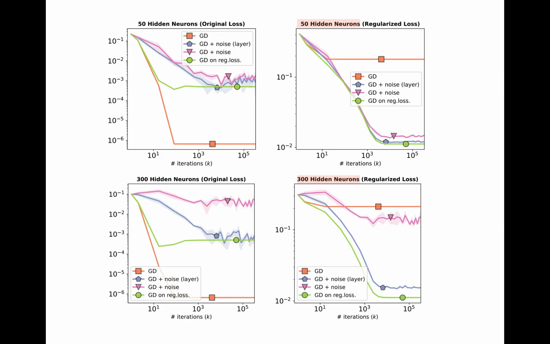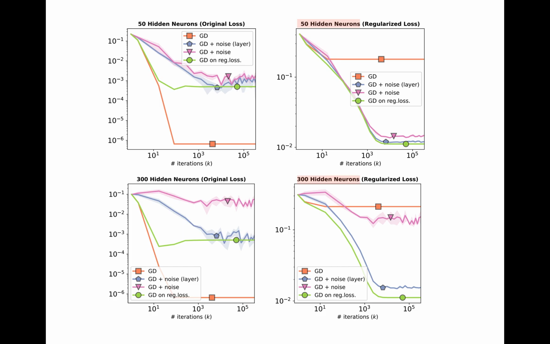So let's consider a neural network on some synthetic data. On the left side, you can see the original loss dynamics, and on the right side, the regularized loss. On the top row, you have a network with one hidden layer and 50 neurons, and in the bottom row, 300 neurons. From the original loss on the left, you can see that gradient descent optimizes the original loss, while the other methods don't, of course, because the loss is different.